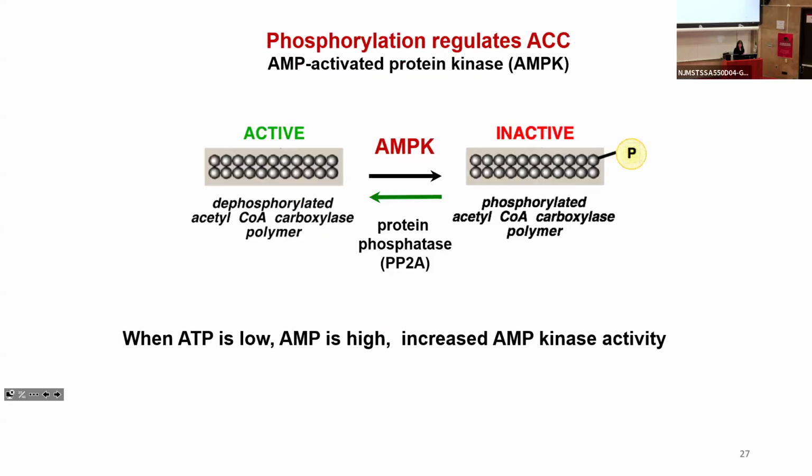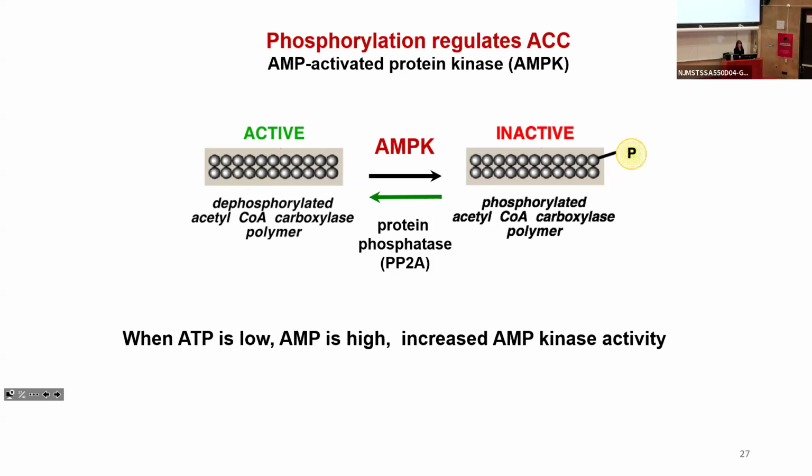And then there's phosphorylation. Phosphorylation is mediated by an AMP-activated protein kinase. AMP comes from ATP, which got hydrolyzed, used, and then formed ADP. That will get used and now form AMP: ATP triphosphate, ADP diphosphate, AMP monophosphate.